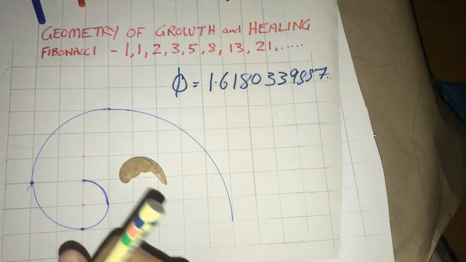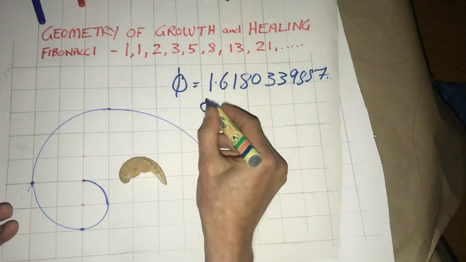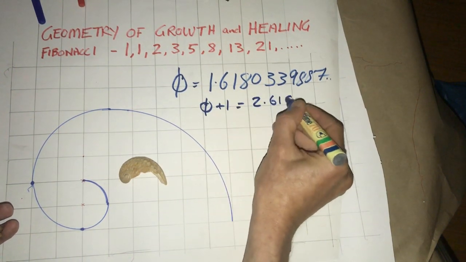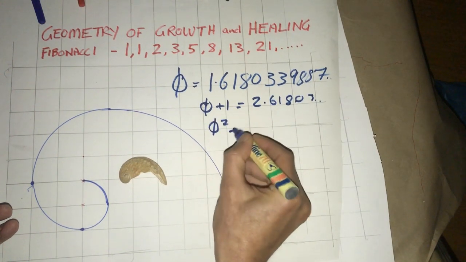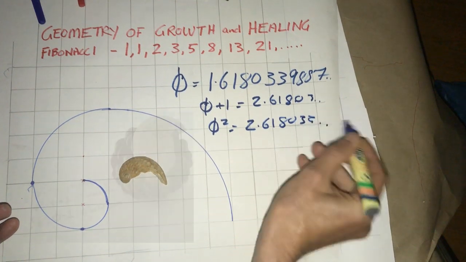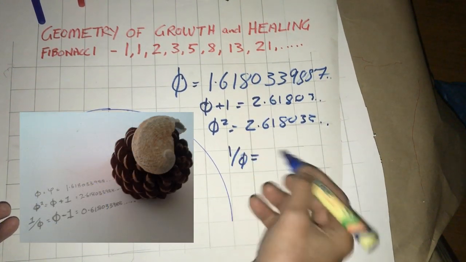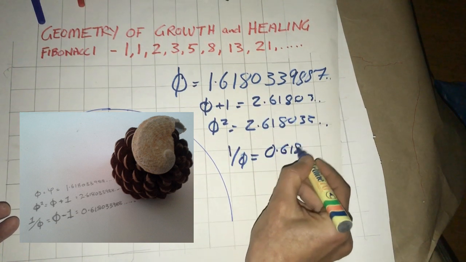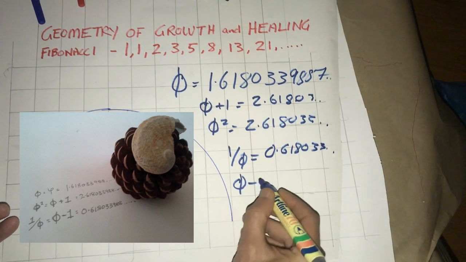One of the reasons why this is a beautiful number is phi plus 1 equals 2.618033 dot. Phi squared equals 2.618033, etc. 1 over phi, 1 divided by the golden number, equals 0.618033, etc., which is phi minus 1.